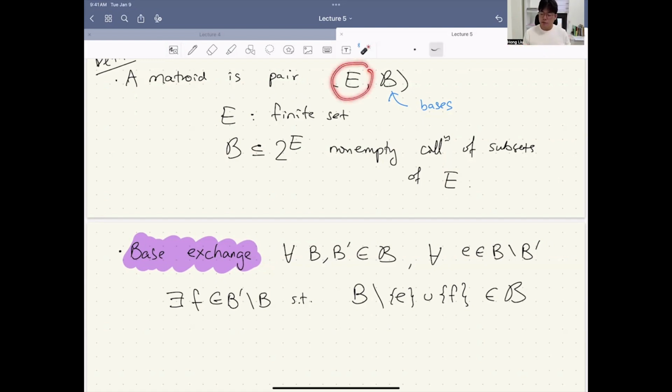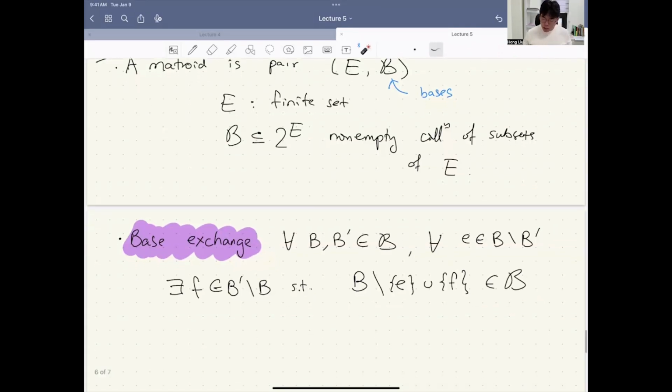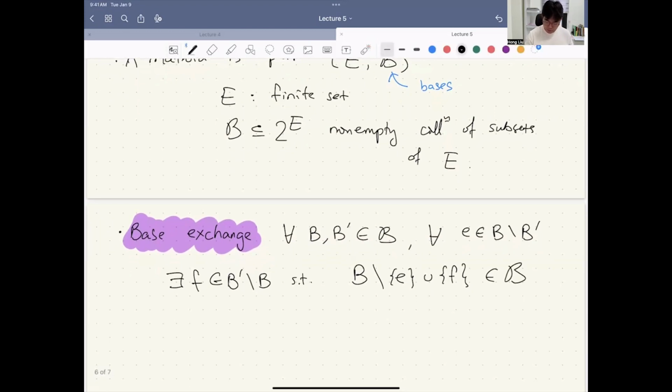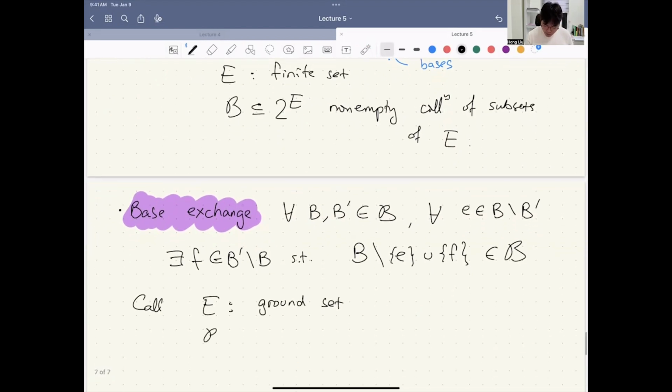If you think of this as a vector space, this is the collection of all bases of the vector space. This axiom holds. We will call E the ground set. The elements in B are bases.